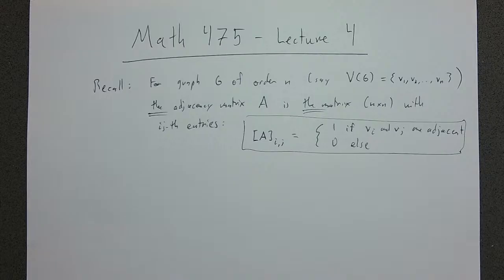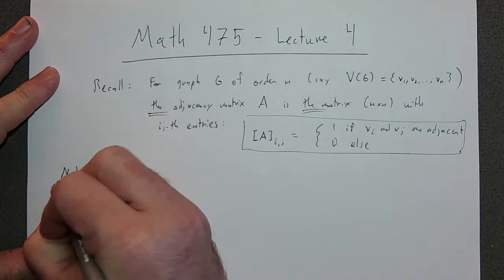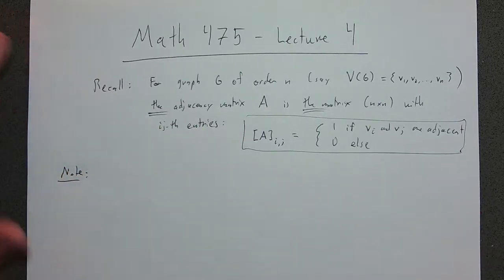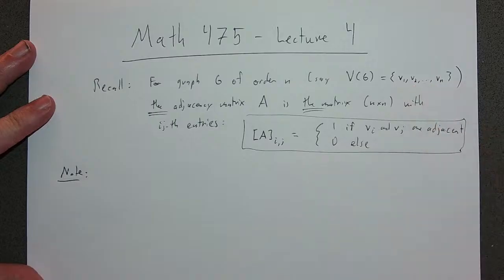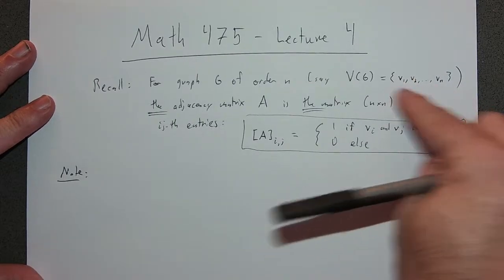Which might seem like I'm implying there is exactly one adjacency matrix for a graph, but note, what if I chose a different labeling of the vertices?